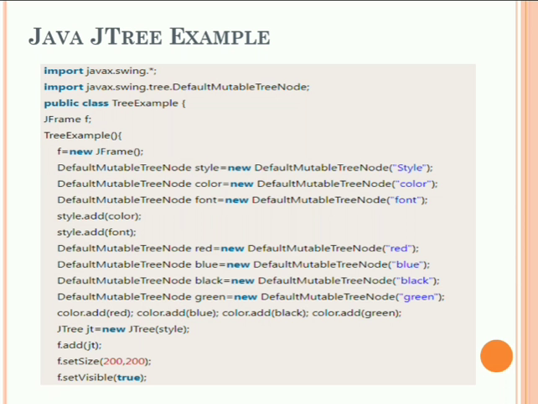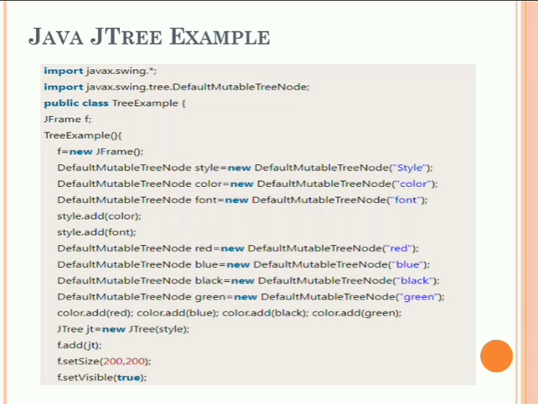This is an example of the JTree. Now we will see this program and then we will see, after the execution of the program, how that JTree will appear on the screen. Import java.swing, import javax.swing.tree.DefaultMutableTreeNode. We are writing MutableTreeNode.